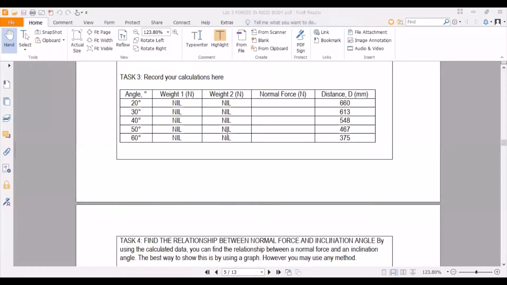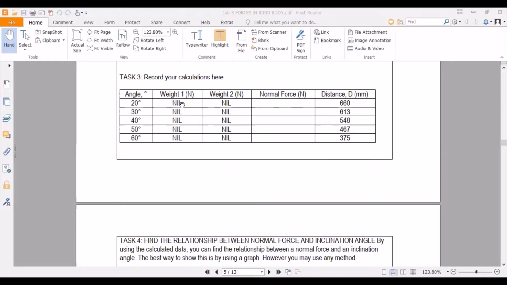After that, now we can go to complete task 3 from the lab sheet. Based on the table in task 3, the angle varies from 20 degrees until 60 degrees. For week 1 and week 2, please check the video to complete the table. And the distance varies in millimeters from 660 until 375.